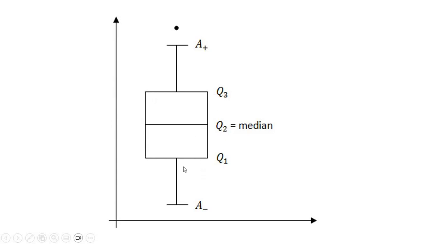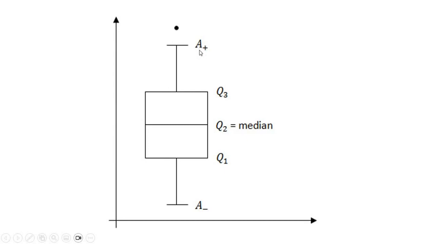In the lower part where it is written Q1, this part is representing the first quartile of your data set, and the middle part, which is equivalent to median, that is Q2, is representing the median of your data set, and Q3 is representing the third quartile of your data set. And this A minus is representing the minimum value of your data set. A plus means maximum value of your data set.